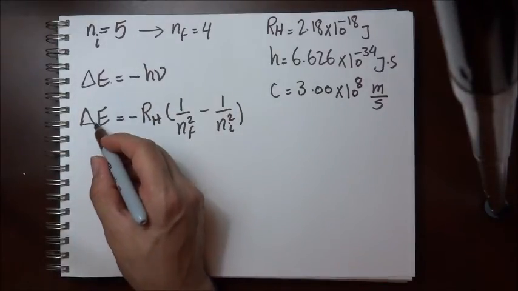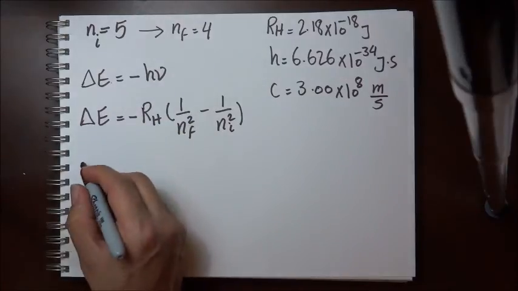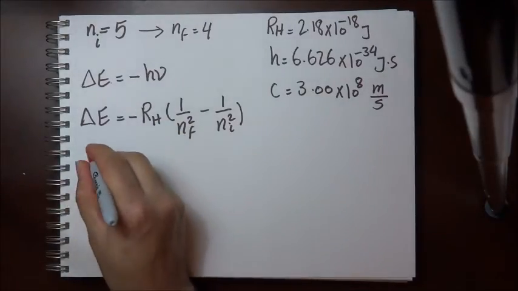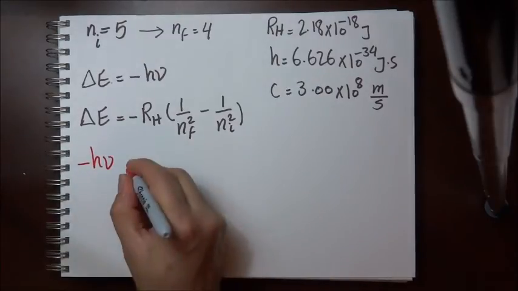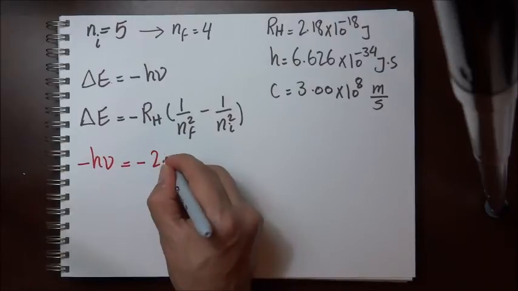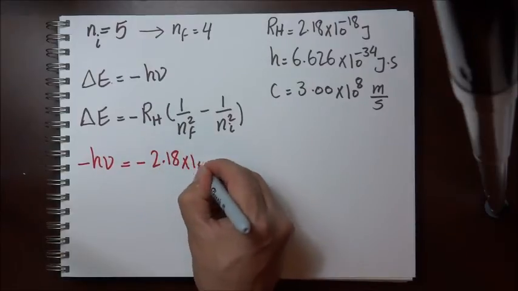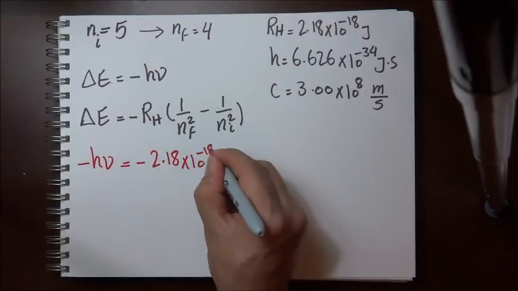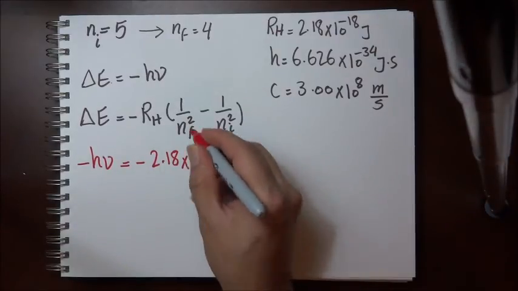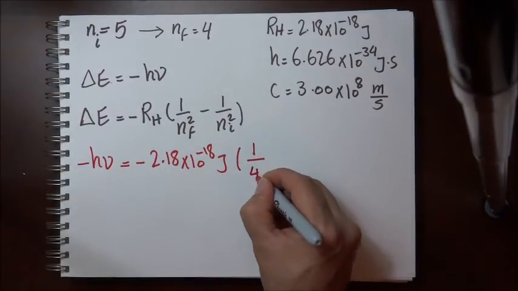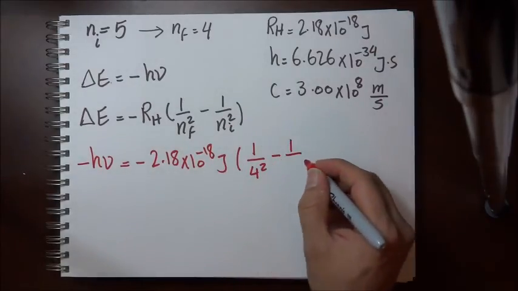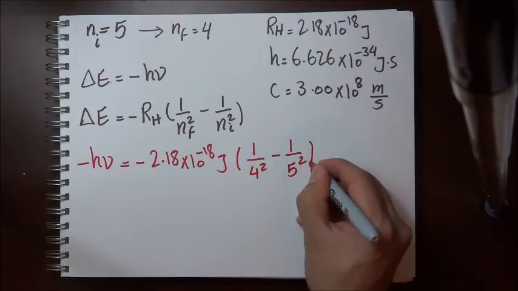Replace delta E by minus h nu, so you get minus h nu equal Rydberg constant, 2.18 multiplied 10 to the power of minus 18 unit joule, multiply 1 over final n 4, so it will be square of 4, minus initial n is 5, so it will be square of 5.